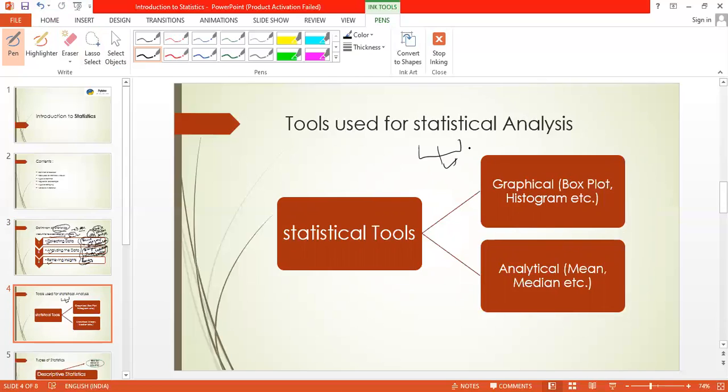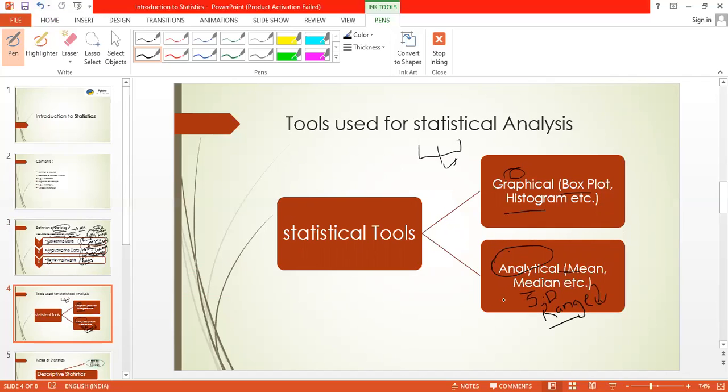There are some graphical tools as well as some analytical tools. Graphical tool examples are the box plot and histogram, and analytical tool examples are mean, median, standard deviation, or range.